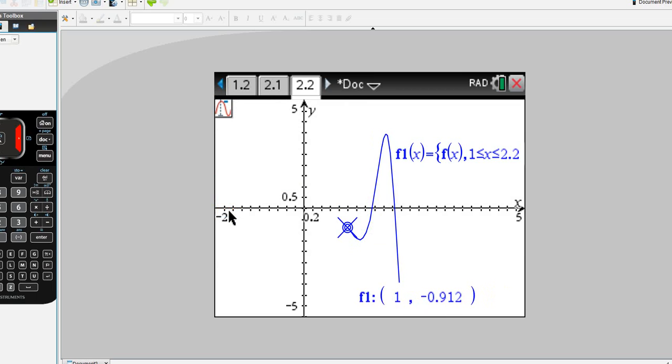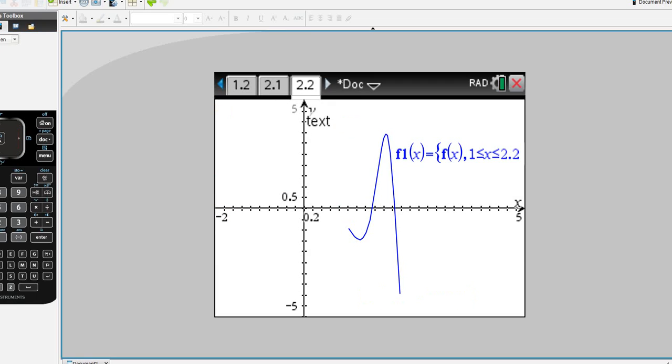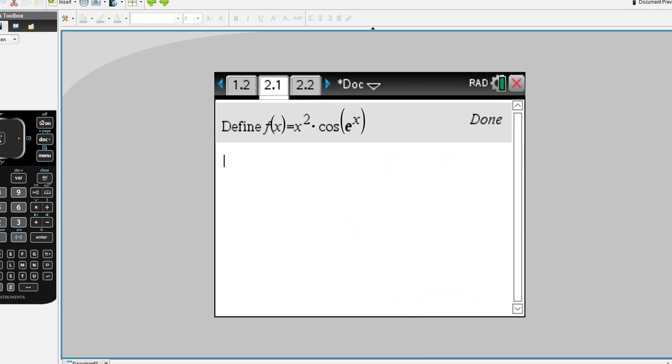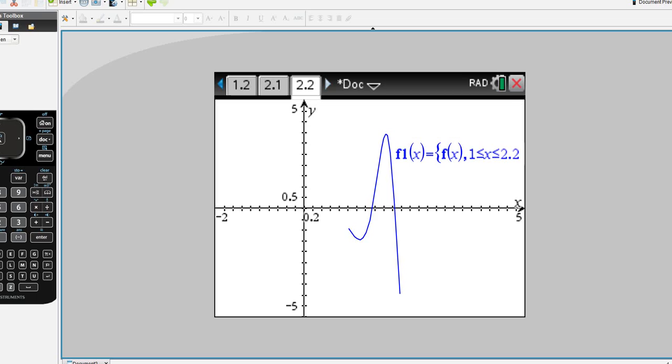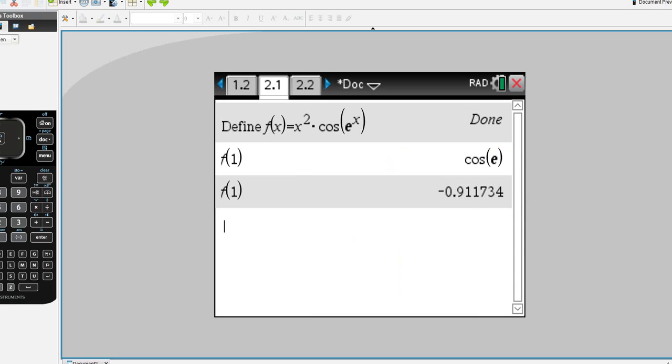So about 1, -0.912. But we'll just double check that on the graph page. So we want to grab the endpoint at x equals to 1. Okay, so not quite. It's actually no, that's what we got. So that was our y coordinate, and then f of 2.2. So if we just press Control Enter here for the decimals, and that's what we're going to get.